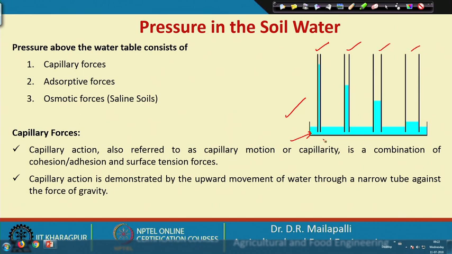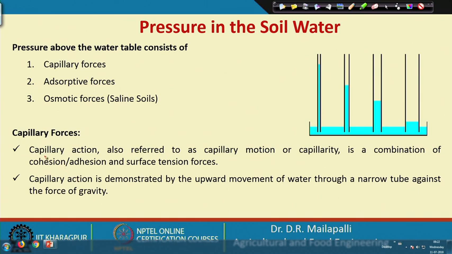If you observe the water levels, the tube with the lower diameter has the water rise higher compared to the other diameters. This clearly indicates that when the soil pores are of smaller diameter, that helps in raising the water through capillary forces.